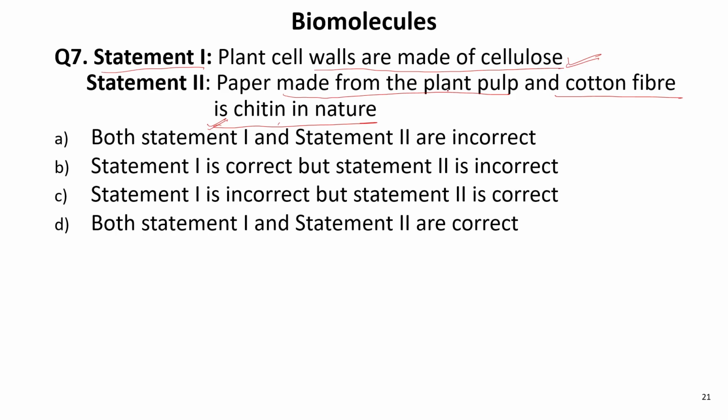Paper made from the plant pulp and cotton fiber is chitin in nature. Chitin is not present in the plant cell wall or the cotton fiber.